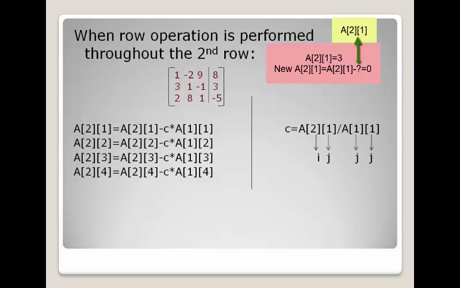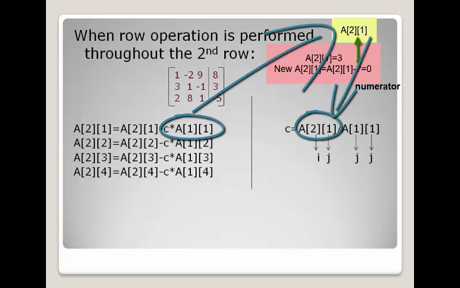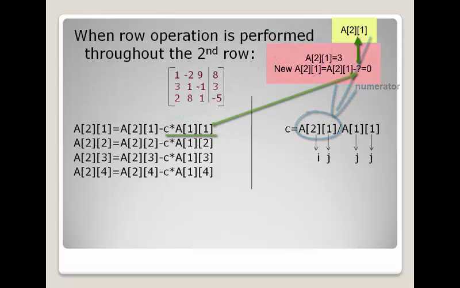And then if we multiply this c with its denominator, we are left with only the numerator. And as you all can see, the numerator is a of 2, 1. Now place this value in the question mark area.